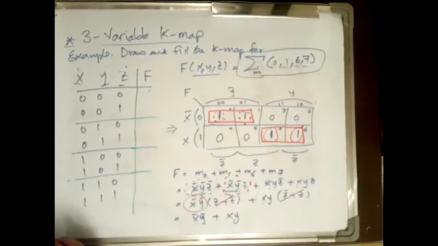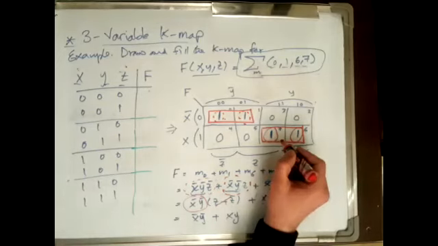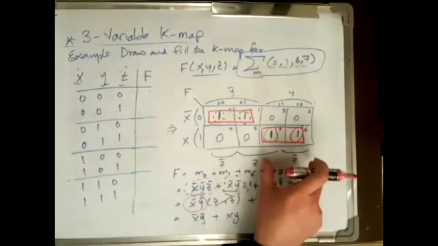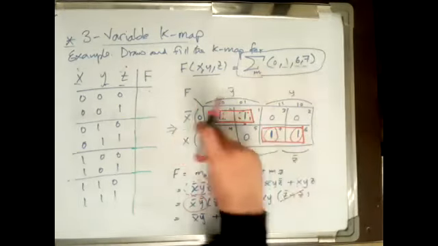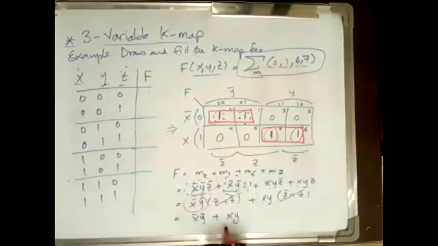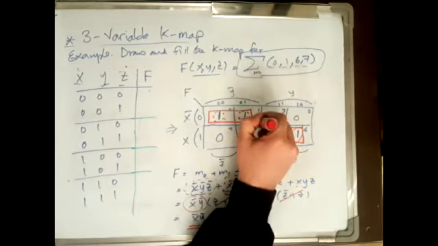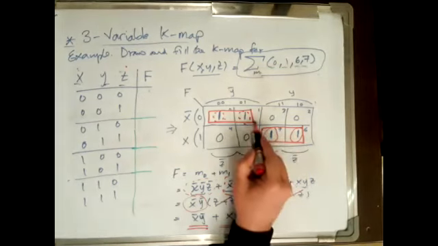And the logic expression of this rectangle is basically x and y, the intersection between x and y. So we end up with this expression. And for the other two minterms, we ended up with this. Note that we cannot combine this rectangle with this rectangle because they don't have a common edge.